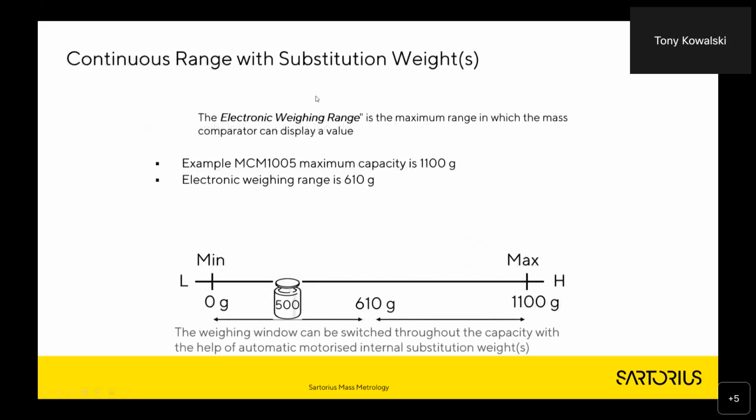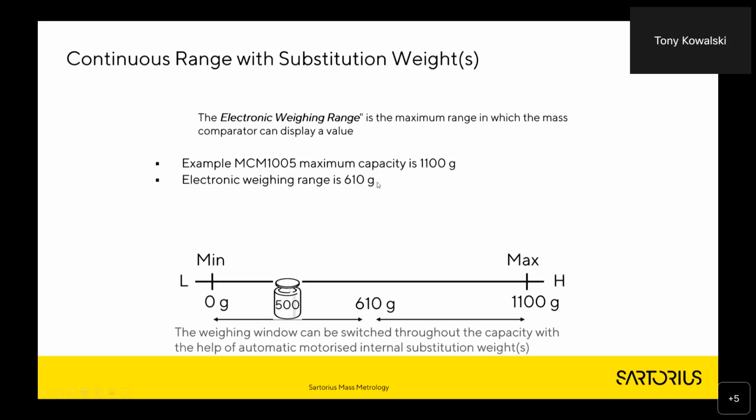So same readability, 5 decimal places, but you can have a mass comparator MCM 1005 where the maximum value you can compare of weights would be 1100 grams. But due to restrictions on resolution, it's not possible to have a continuous range electronically of 1100 grams.